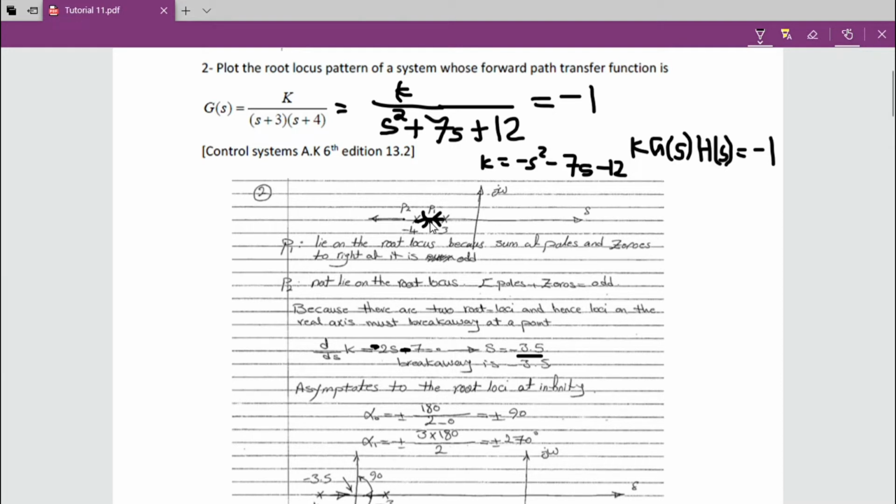So we just need to identify the angle, the asymptote angle.